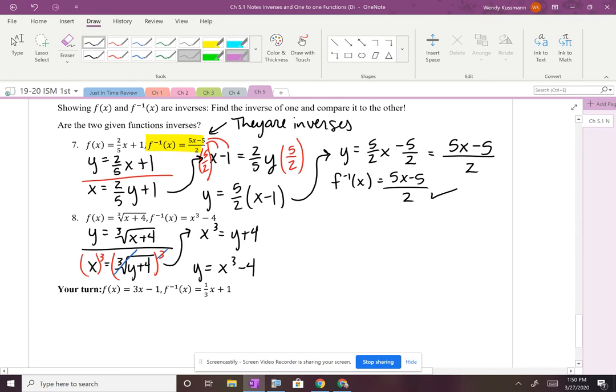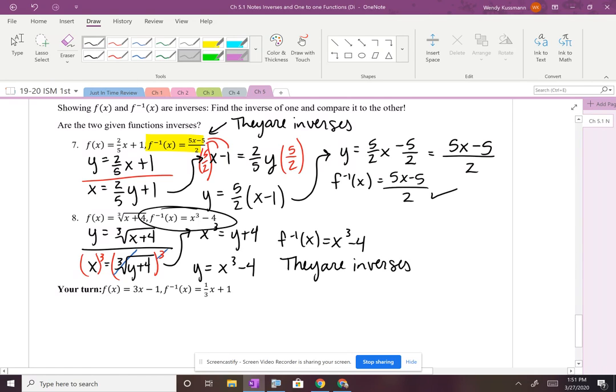I went ahead and flipped both sides as well and replaced that with f inverse. f inverse of x equals x cubed minus 4. And that is indeed what we have up here. If they did not match, if it said x cubed plus 4, they would not be the same and they wouldn't be inverses. But in this case, they are inverses.